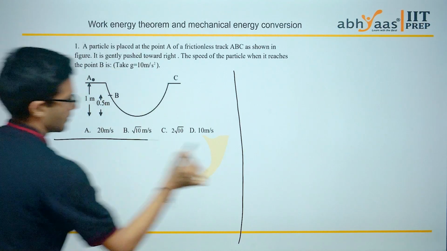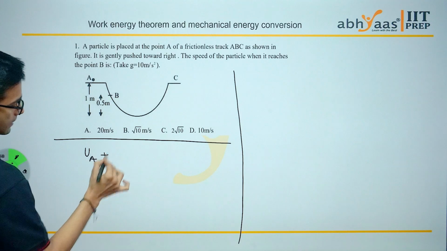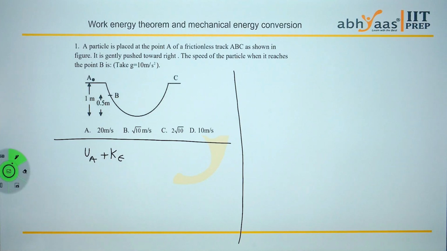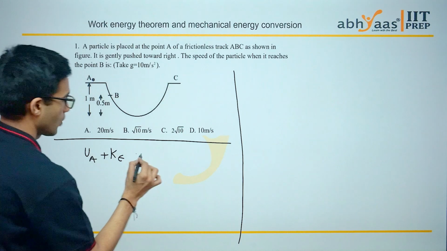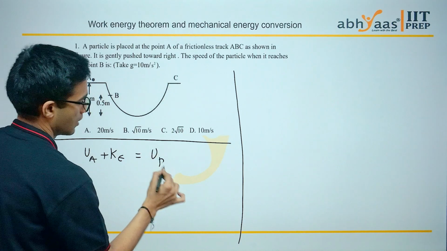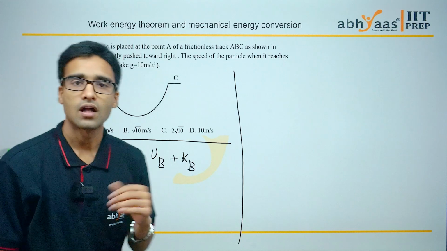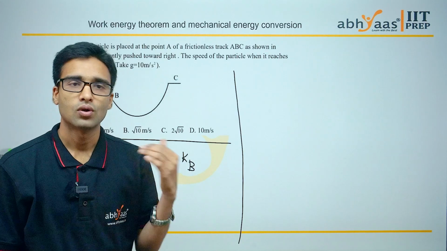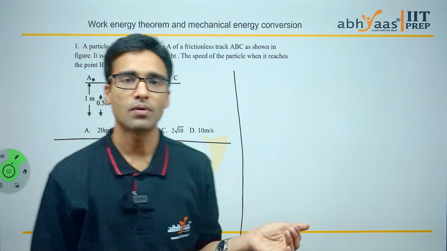So I'll write here: first we take UA + KA, the total mechanical energy, equal to potential plus kinetic at point B. Why am I taking this? Because this is the law of conservation of energy. Energy can be neither created nor destroyed, but converts from one form to another.